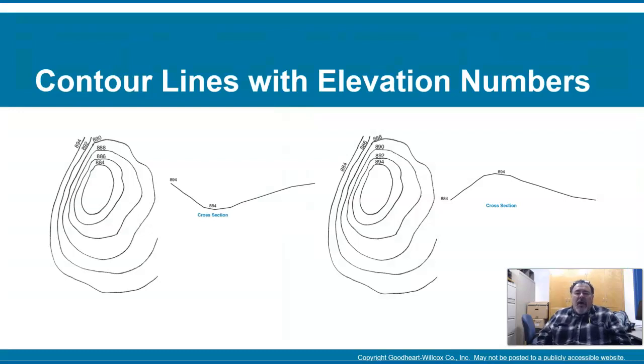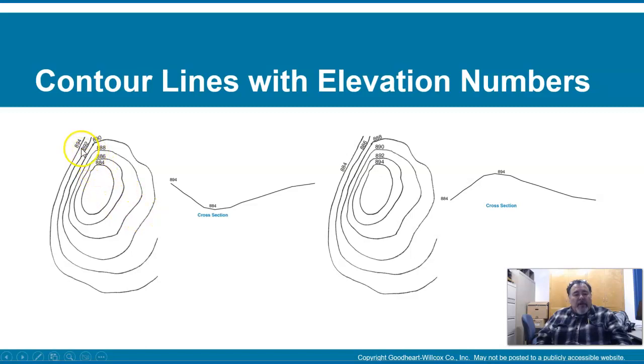So here's contour lines with elevation numbers. So when you look at these elevations, if you look at both pictures, they're both a circle with rings. But see, one indicates a valley or a hole. One indicates a hill. Yet they both look exactly identical in shape, except that the rings have different dimensions.